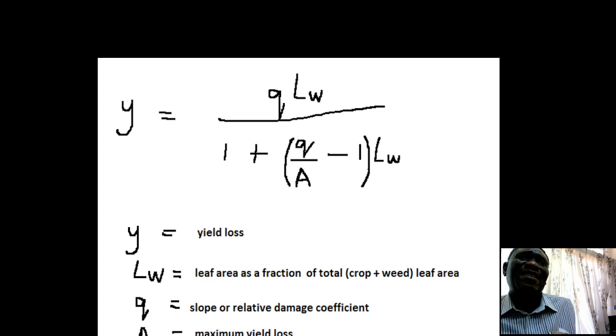And these scientists thought that probably this was a better approach. But it depends, people may just choose the method which is easy for them.